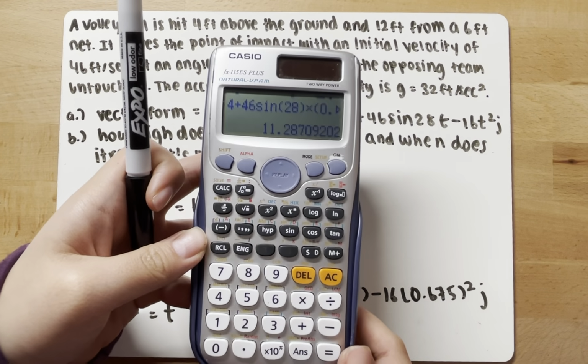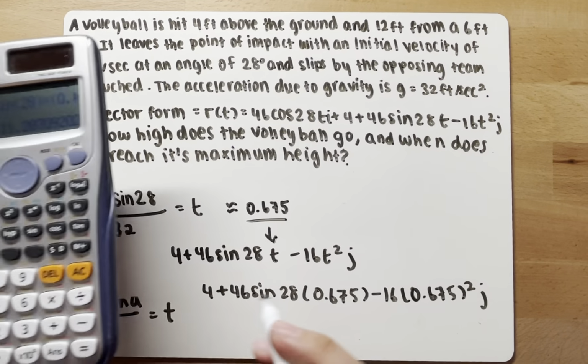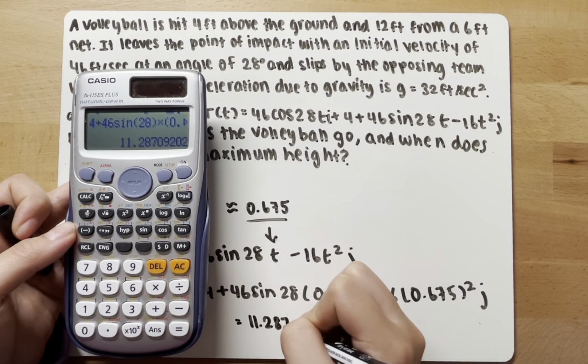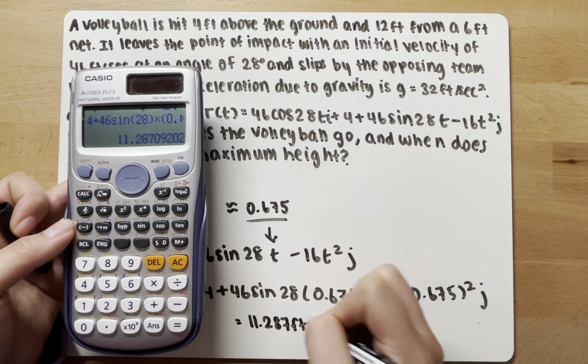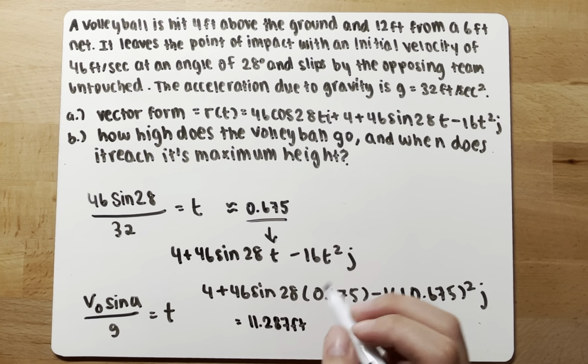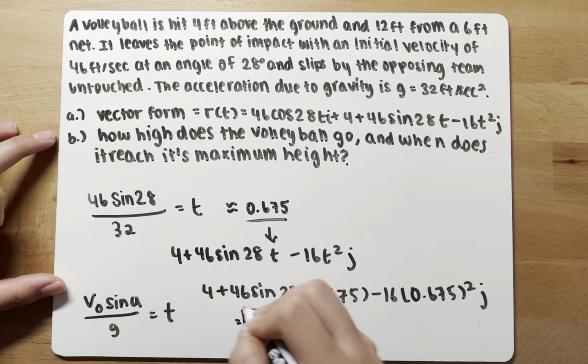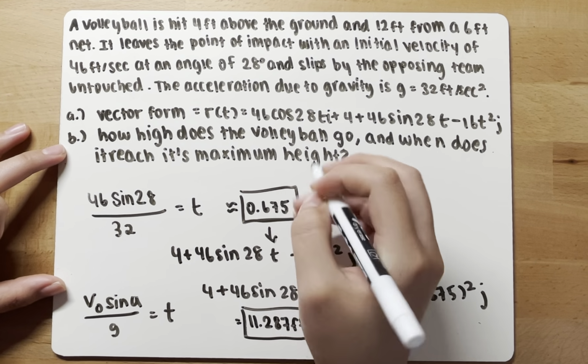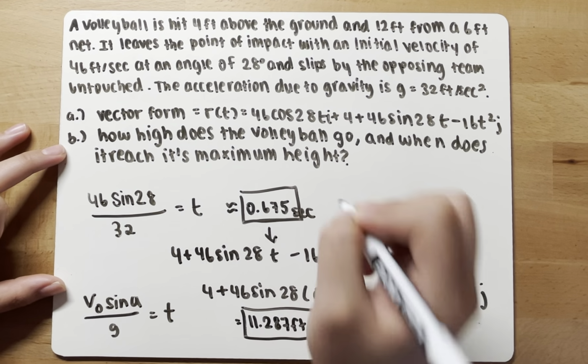You get 11.287. 11.287 feet. So this will be how high the volleyball goes. And 0.675 is how long it takes in seconds to reach its maximum height.